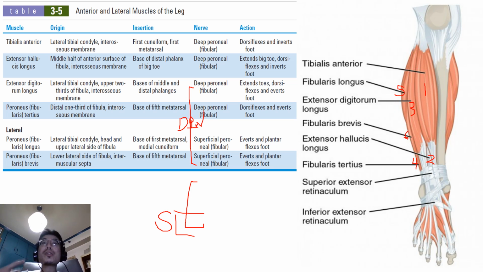It can also stand for superficial peroneal nerve innervating the lateral leg muscles. And DA, because the deep peroneal nerve innervates the anterior leg muscles.